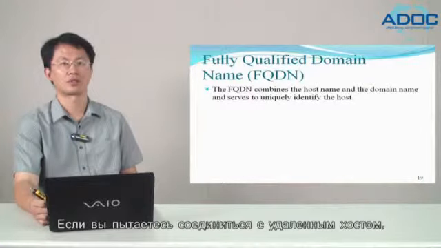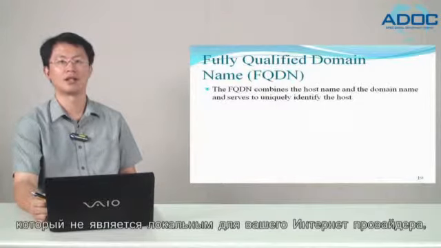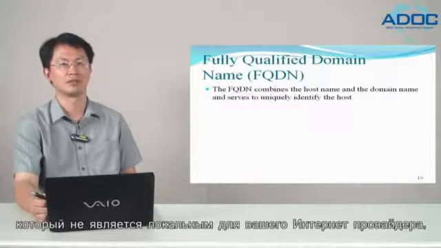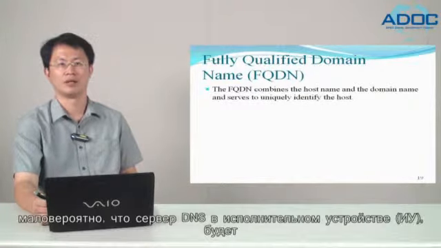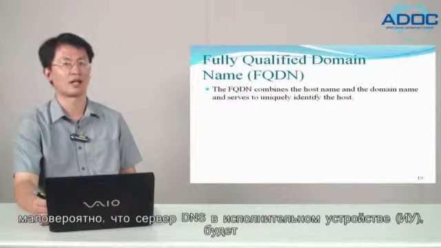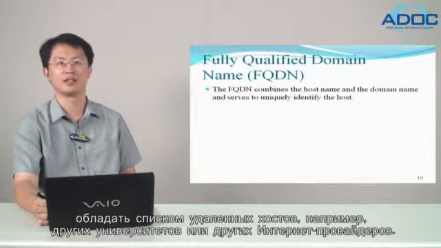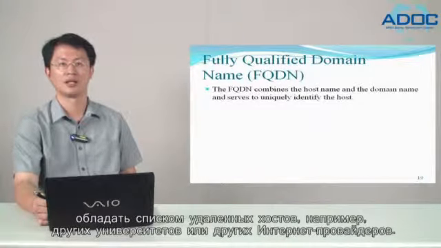Also, if you are trying to connect to a remote host that is not local to your internet service provider, then you will probably have to use the FQDN. For example, it's unlikely that a DNS server at IU will have a listing for remote hosts at another university or an unrelated ISP.